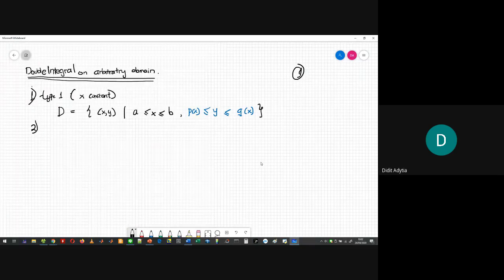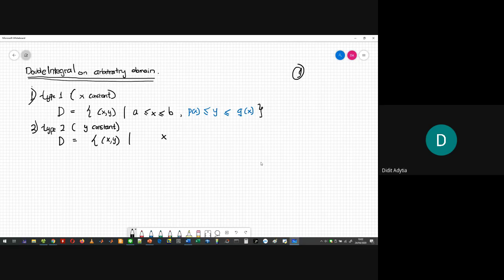And then type 2, in which y is constant. In this case, D, the domain of the integration, is defined as x and y with conditions.